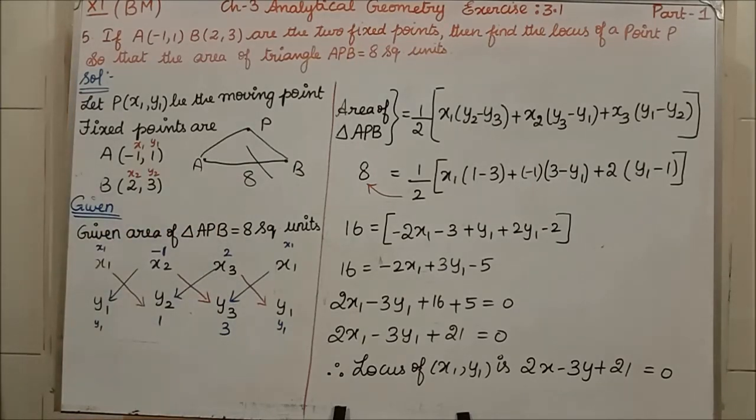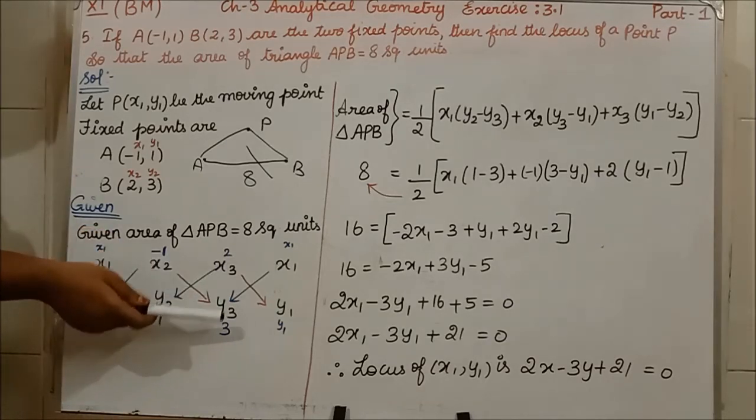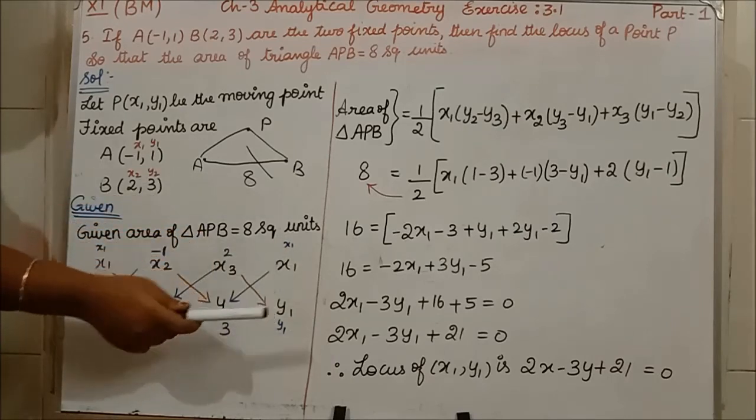In 10th standard, in coordinate geometry, you have solved how to find the area of a triangle if three points are given, isn't it? You will do it by cross multiplication or by the formula method. Any one method you can follow. How will you write x1, y1, x2, y2, x3, y3? Again you write x1, y1.